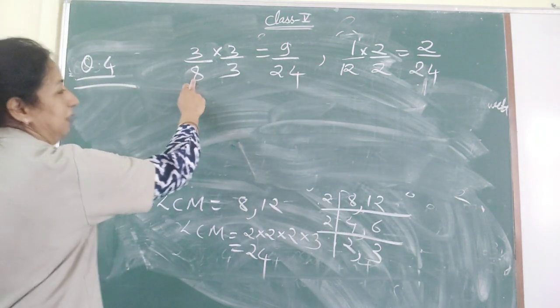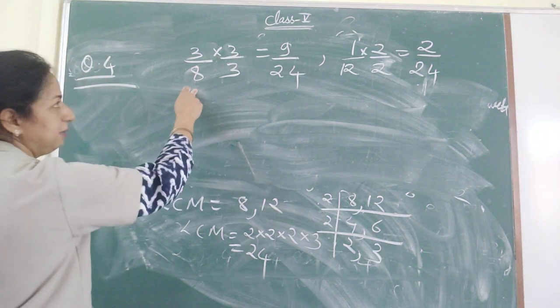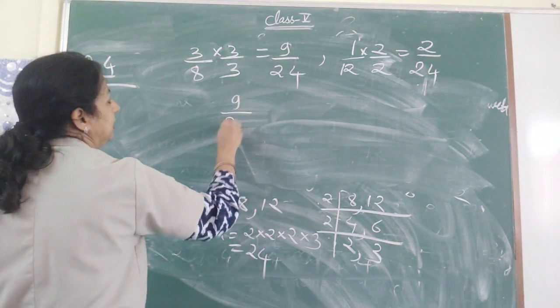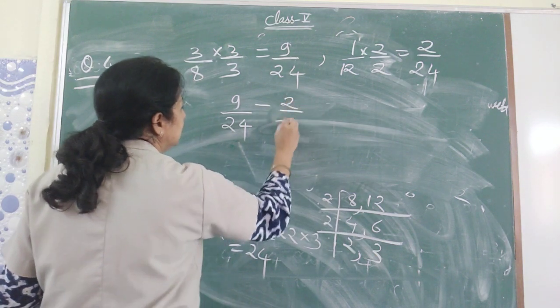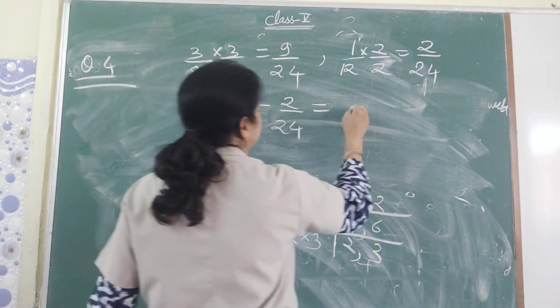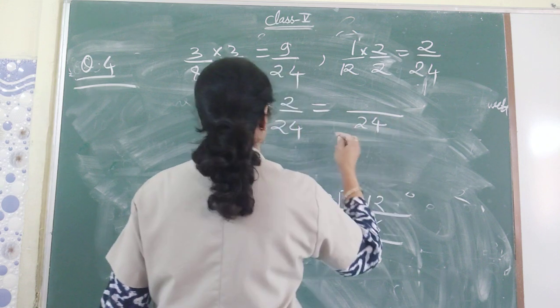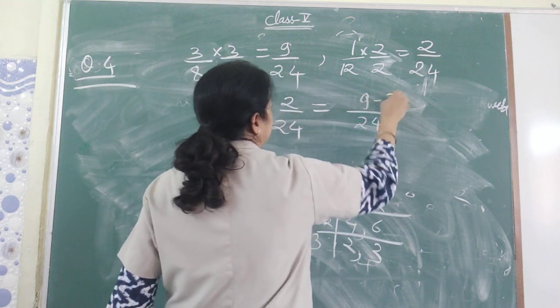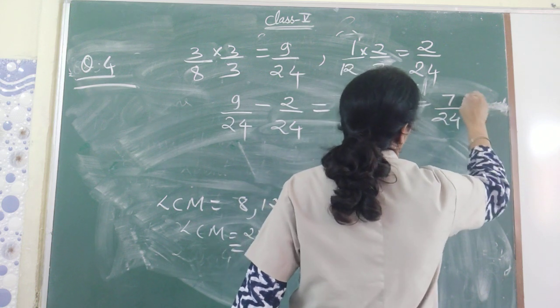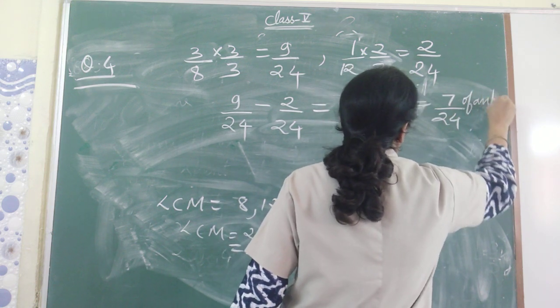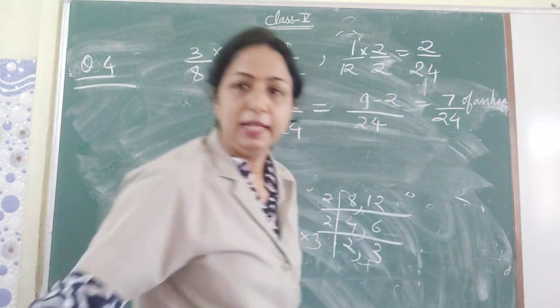Now we need to subtract 1 by 12 from 3 by 8. So 3 by 8 is 9 by 24 and 1 by 12 is 2 by 24. Keep the denominator same since they are like fractions. 9 minus 2, that is 7 by 24 of an hour is spent on studying mathematics.